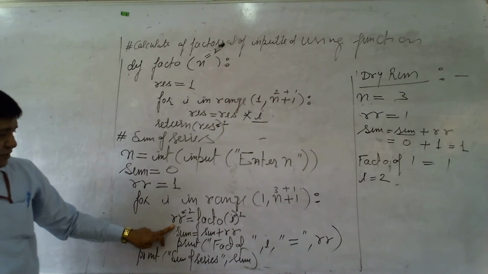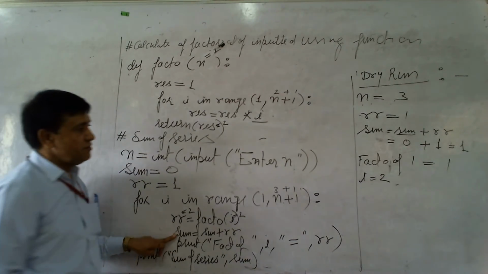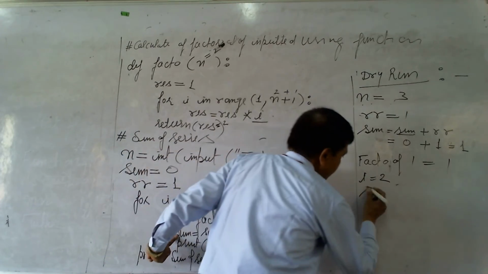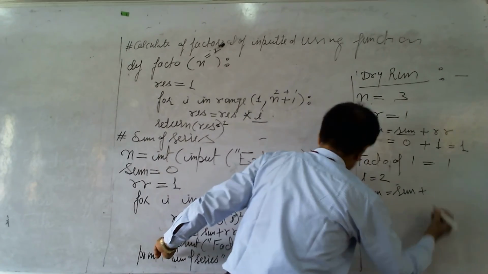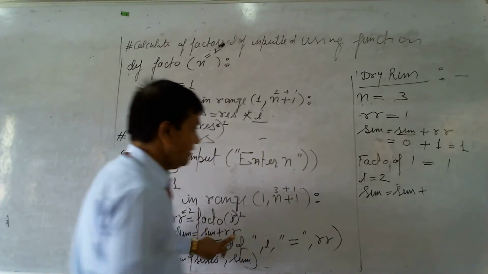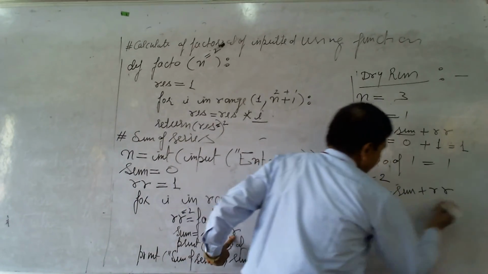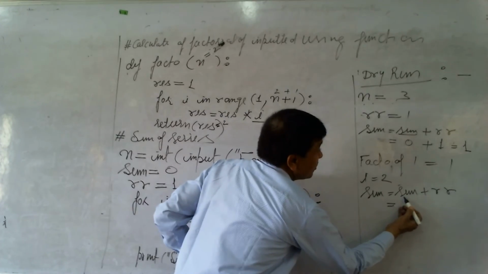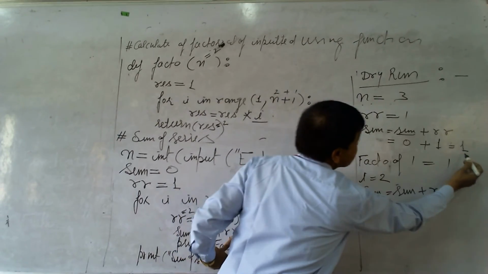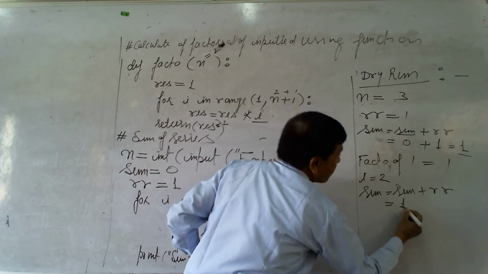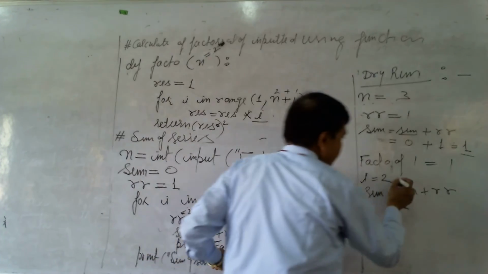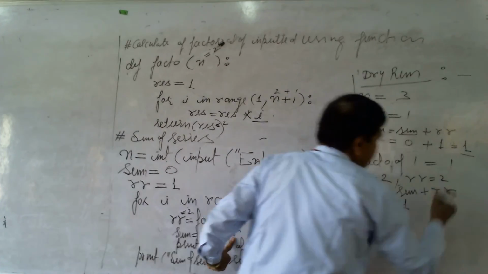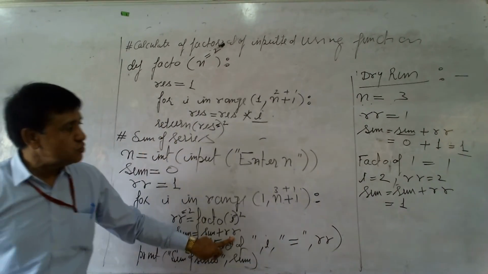Fine. Now this statement will be executed. Sum equal to sum plus RR. Now the previous value of sum, you know, is now 1, and the value of RR which we have already calculated is 2.